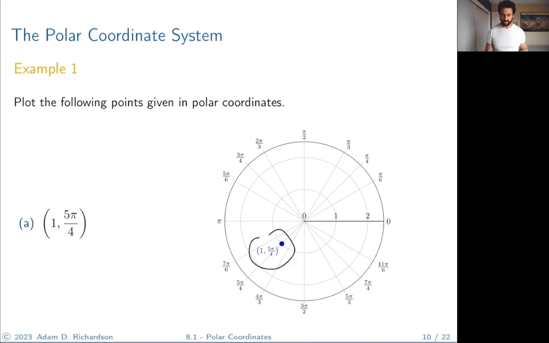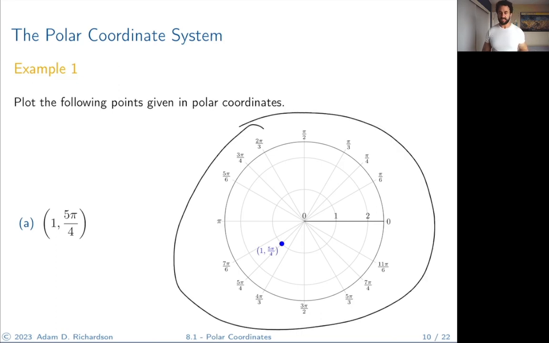This is the point 1 comma 5 pi over 4 given in polar coordinates. And it makes sense once you see the picture, right? This is the polar plane, or in this case, a polar grid.